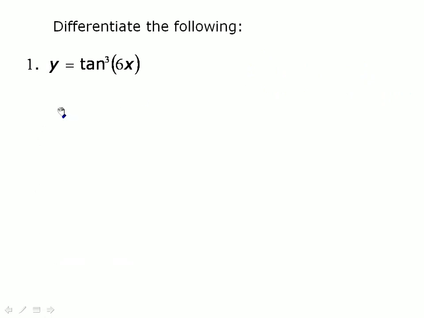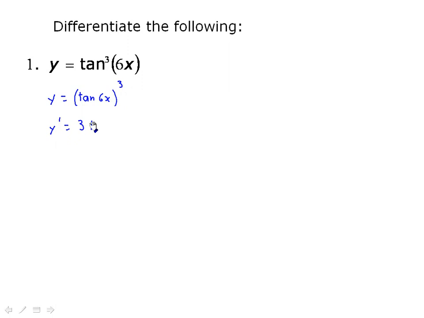Now I would encourage you, any time you have an exponent around the entire function, to write it in a more conventional bracketed form like this, because then it's a little bit easier to do the chain rule. Now, of course, it's not necessary, but most people find it easier, at least at the start.